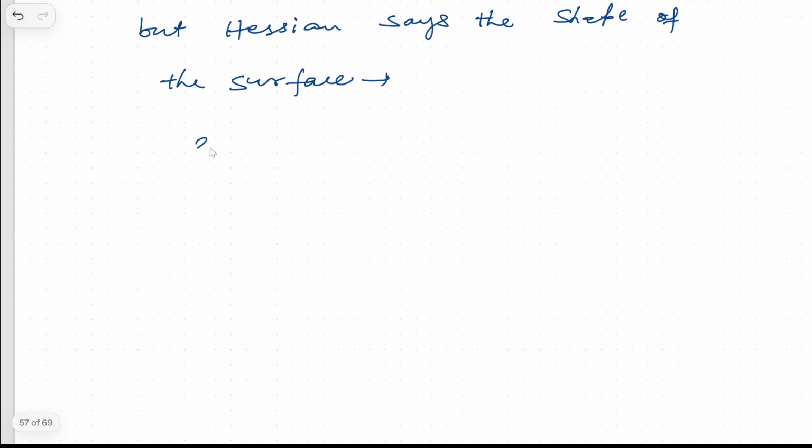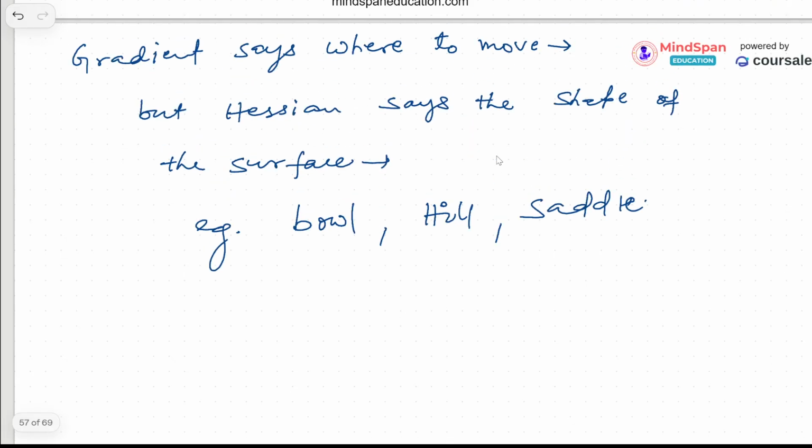Like, for example, whether it is a ball, it is a hill, or it is a saddle point. Okay, these informations are derived from this Hessian concept.